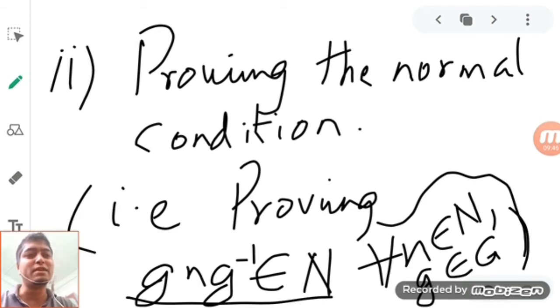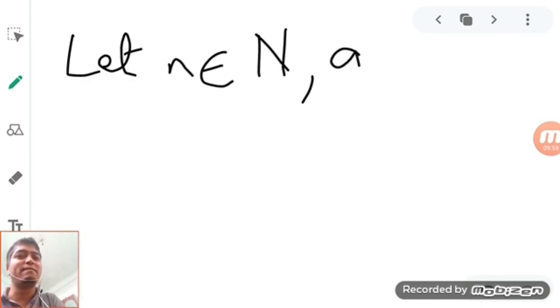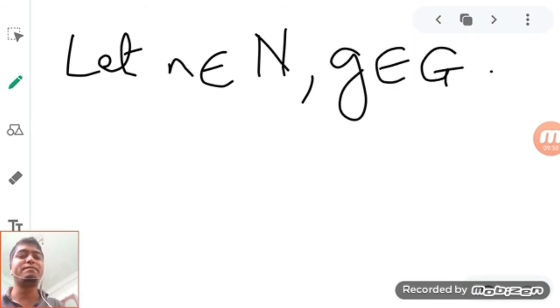So we will start with n belongs to N, g belongs to G. The proof starts in this way. For the second condition, let n belong to N, g belong to G.